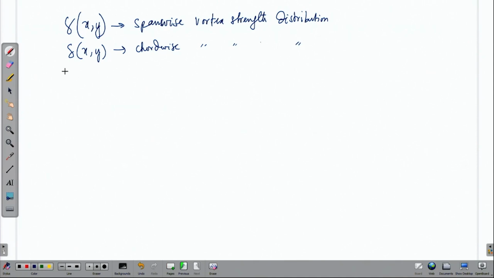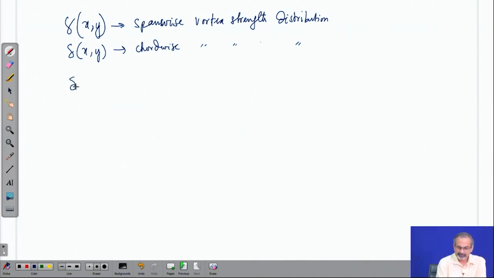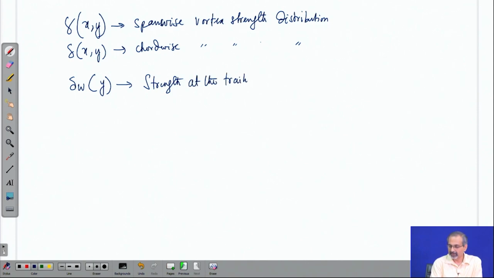As far as the wake part is concerned, the delta w is purely a function of y, because the trailing vortices do not meet any vortex filaments once they leave the trailing edge. Additionally, the strength with which they leave the trailing edge remains unchanged. So, the strength at the trailing edge of the wing is what will be the delta w at a given y.